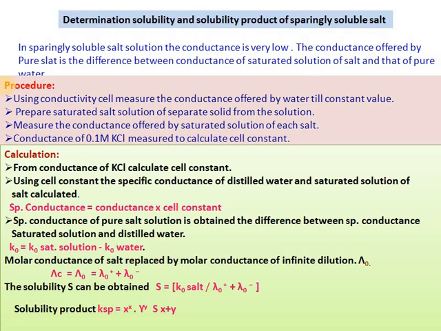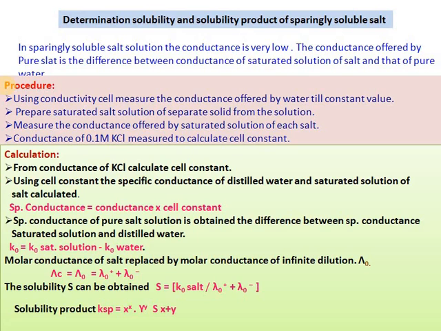The solubility S is equal to κ of the salt, that is, the specific conductance of the salt, divided by the limiting molar conductance, lambda 0 plus plus lambda 0 minus.